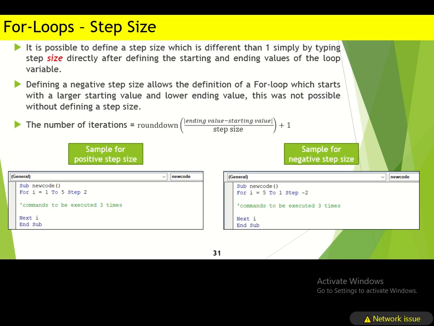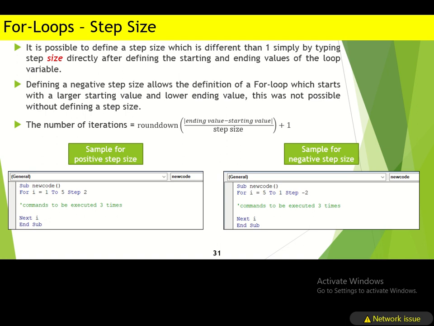Apply it to the second example. Ending value 1, starting value 5: 1 minus 5 is minus 4. Step is minus 2. Minus 4 upon minus 2 is 2, the minus cancels. Plus 1. So the loop will run 3 times again. Got it? Clear?